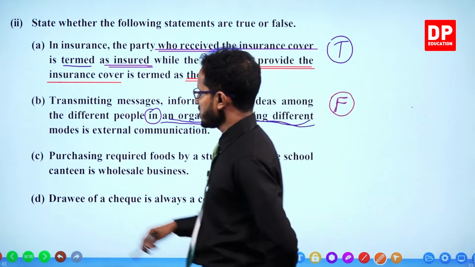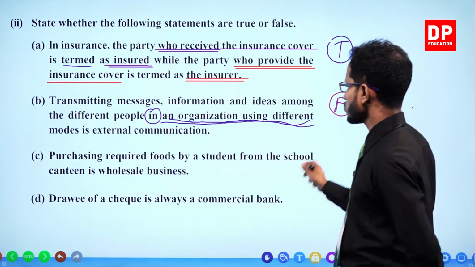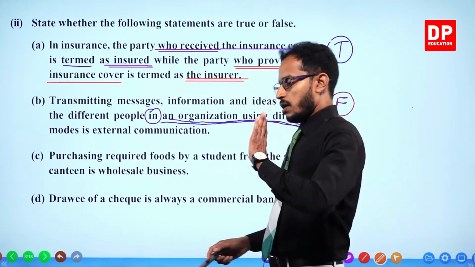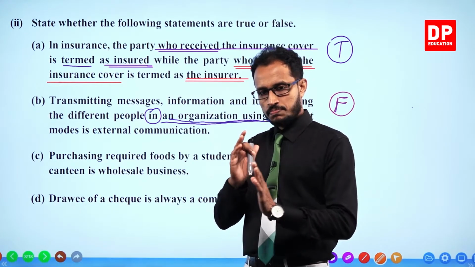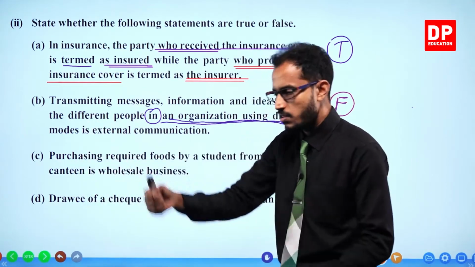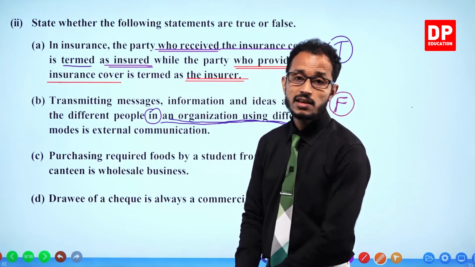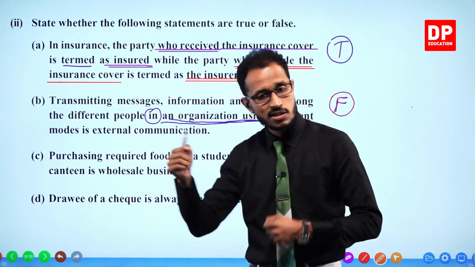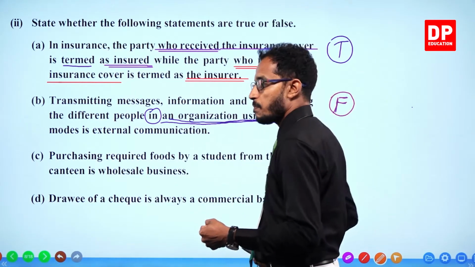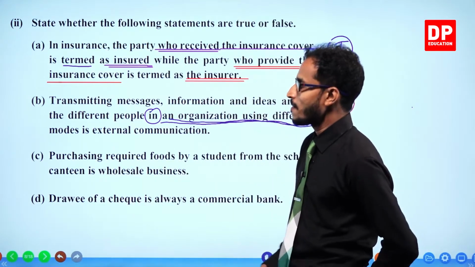C. Purchasing required food by a student from the school canteen is wholesale business. You have to remember how you run to the canteen when the interval bell rings, like you have been pumped with jet fuel.